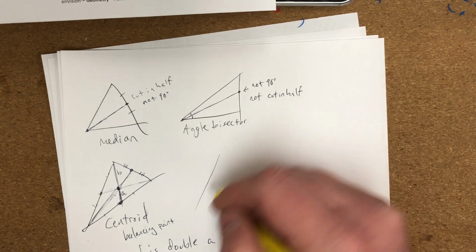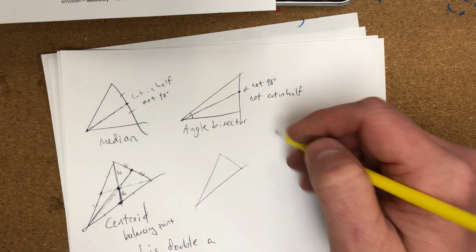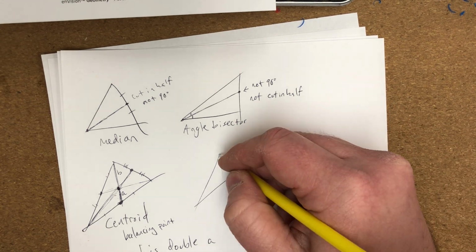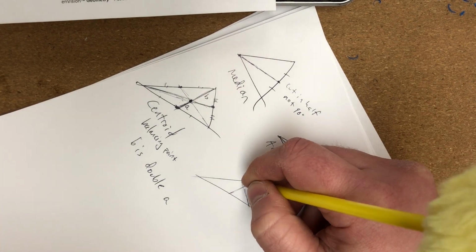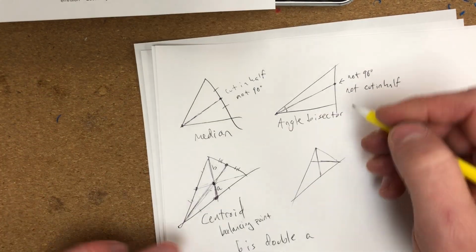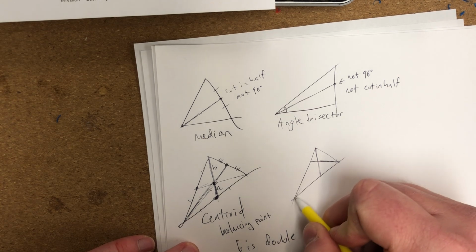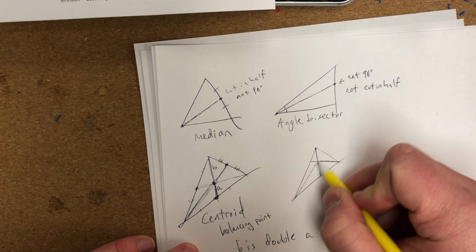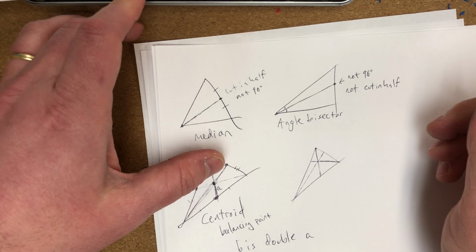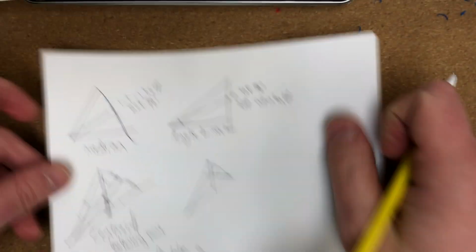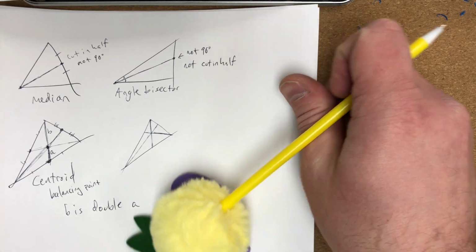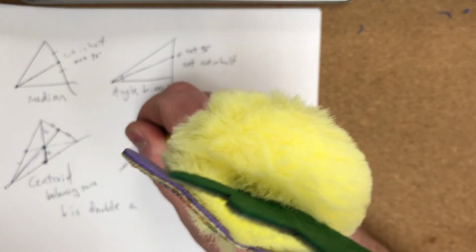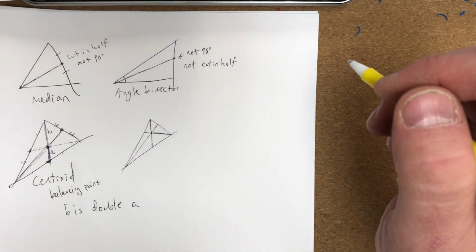So if we look at some random triangle and look at the angle bisectors, it's about the halfway point of that angle, that angle, and that angle. Cool, all right. You can freehand these things pretty easily. I have a little bit of an artistic eye, but not a great one.